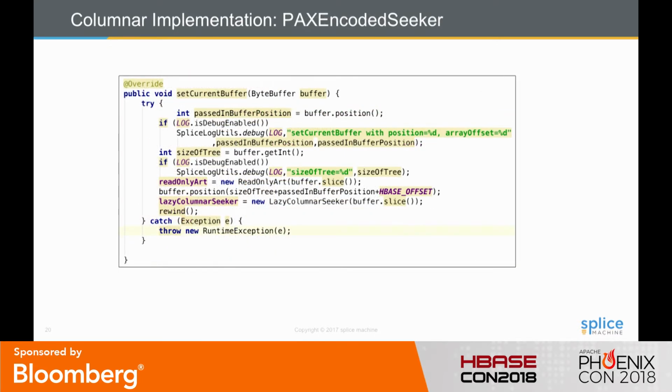Okay, how do we want to seek? Well, I want to set the current buffer. For people not familiar with HBase fundamentals, there's basically this seeker concept. When you have a block encoder, you can have a seeker. And what does a seeker do? It understands the underlying structure and how to seek to a cell. So if you say, hey, I want that cell, it understands internally how to seek through that.